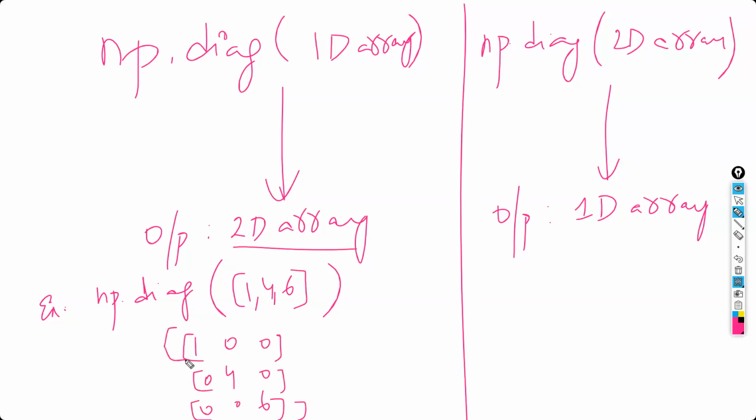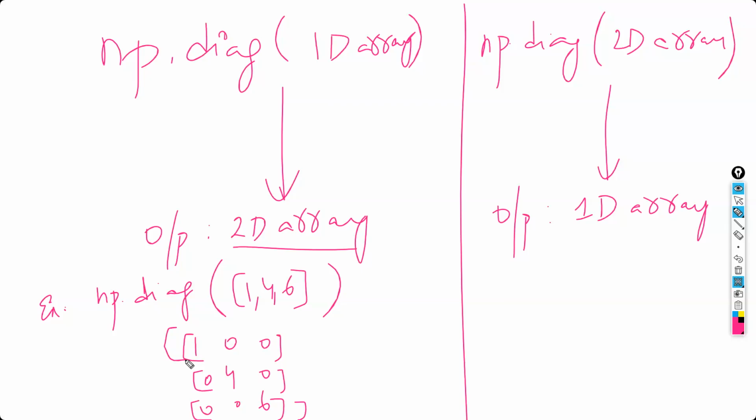Since you have given 1D, the output is 2D. These values will be considered as the diagonal values and the remaining values will be considered as 0. Is the point clear?